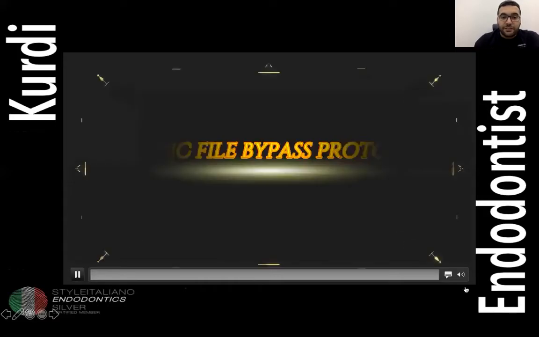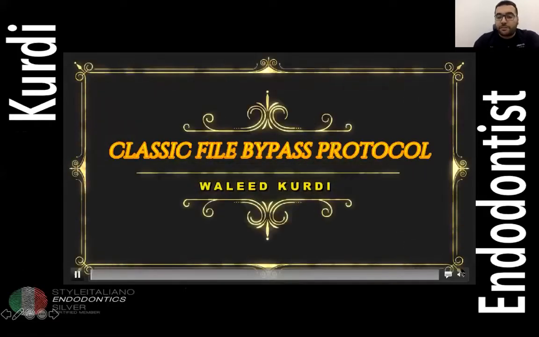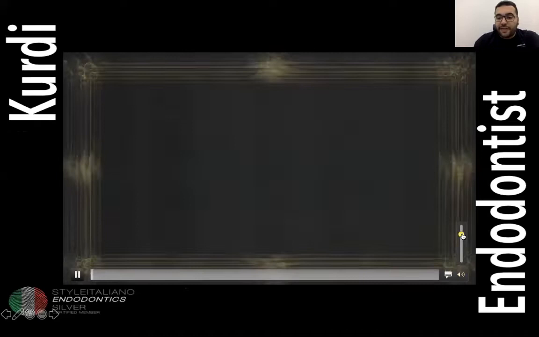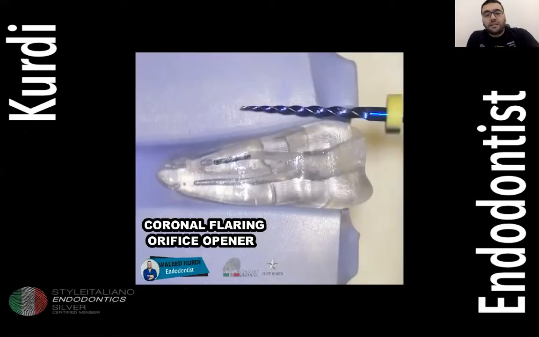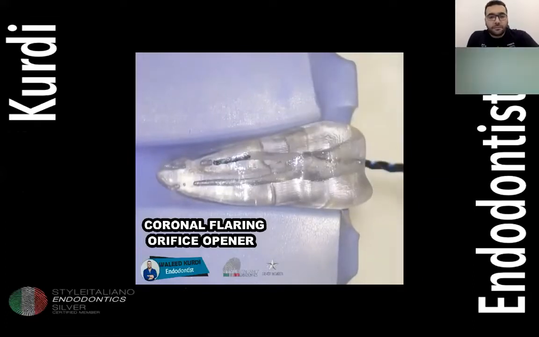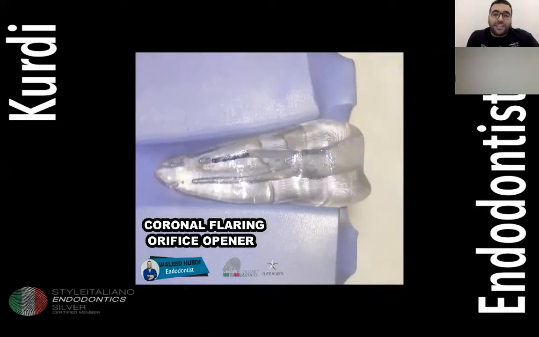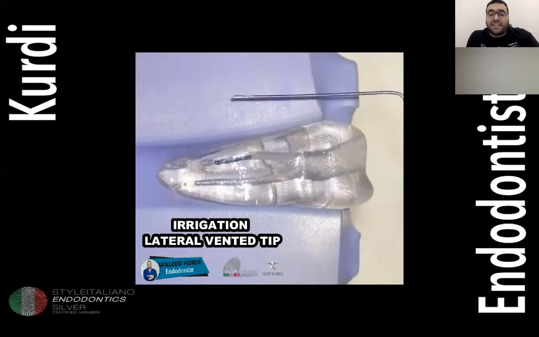Now let's look at this video. We have here a model where the access is already open, and we have a broken file inside it.